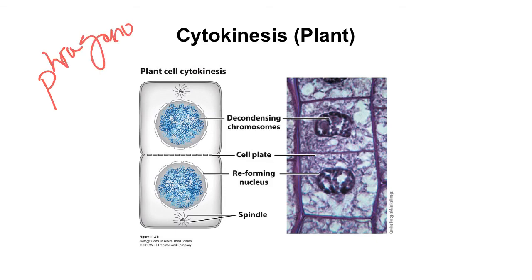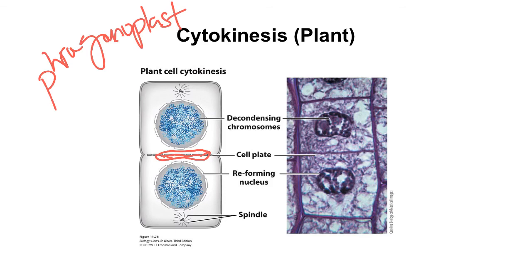Phragmoplast. The phragmoplast forms in the middle of the cell. So instead of forming a constriction outside, the cytokinesis actually starts in the middle of the cell.